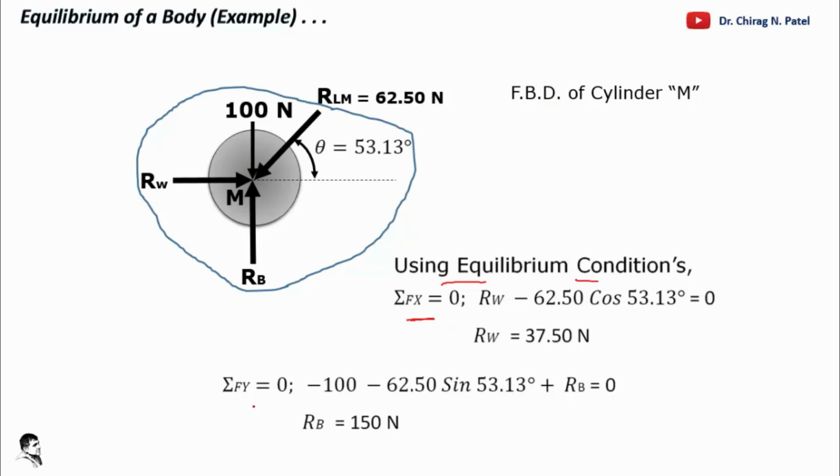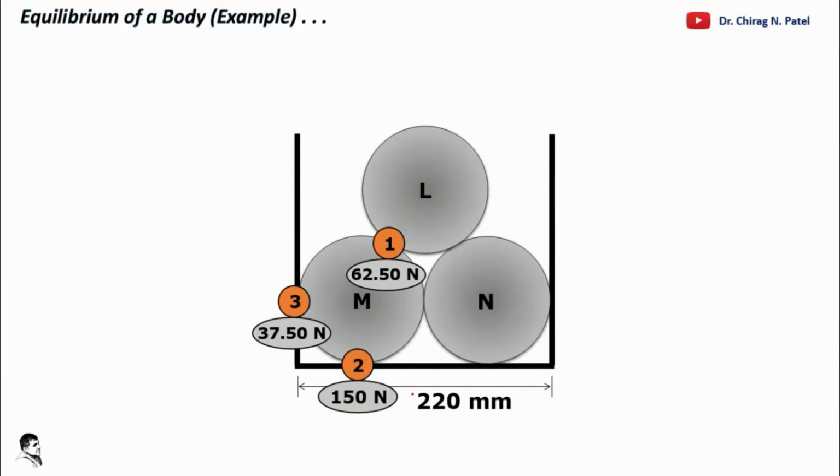So you can resolve the horizontal forces and the vertical forces by using a method called static equilibrium, and you can find out the required answer in the form of RW, that is the reaction from the wall, and RB, that is the reaction from the base. So this is the final answer, what is the requirement of the problem 1, 2 and 3. So it is clear now how to resolve the forces if an example of this type of sphere is available.